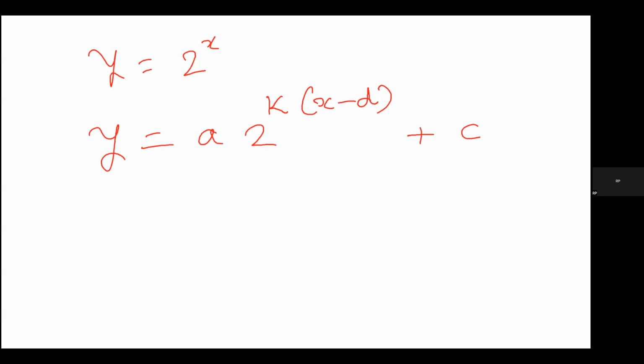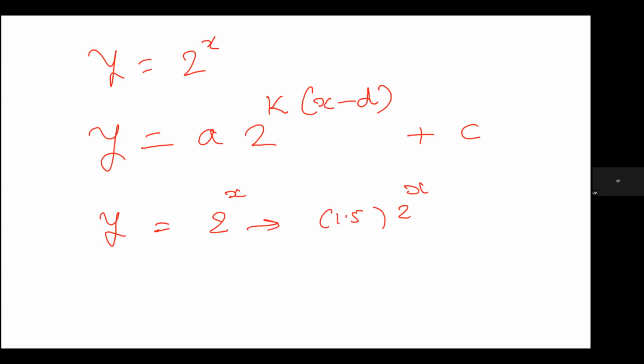Now, in the wording, they say an exponential function with base 2. So this is your exponential function with base 2, vertically stretched by 1.5. So that means this can be written as 1.5 times 2 power x. Now, you cannot write equal to, so I will change this with arrows.